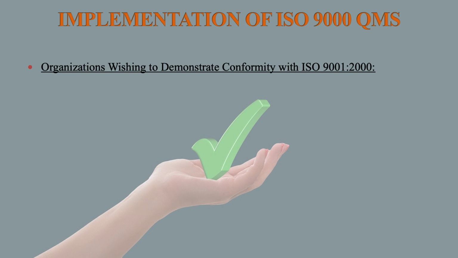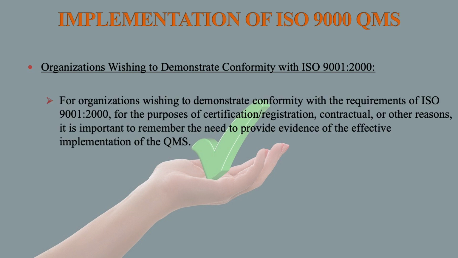Organizations wishing to demonstrate conformity with ISO 9001-2000. For organizations wishing to demonstrate conformity with the requirements of ISO 9001-2000 for the process of certification, registration, contractual or other reasons, it is important to remember the need to provide evidence of the effective implementation of the quality management system.